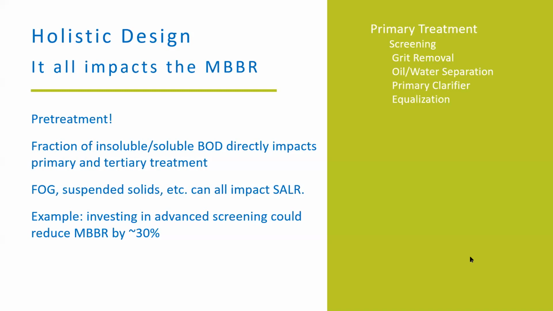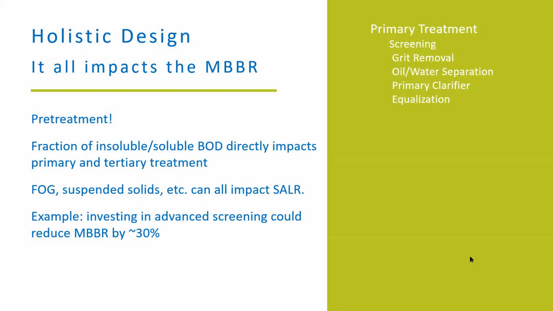But at the same time, we can also change our biological treatment design by changing our primary treatment. So for example, if we invest in advanced screening, we could potentially reduce our MBBR size by up to 30%. Of course, this is very dependent on the soluble and insoluble fraction of BOD.